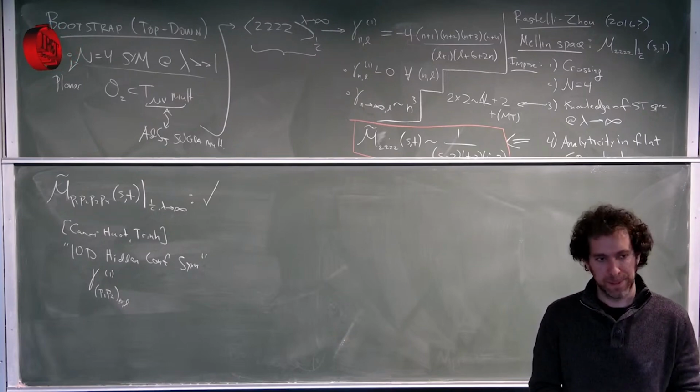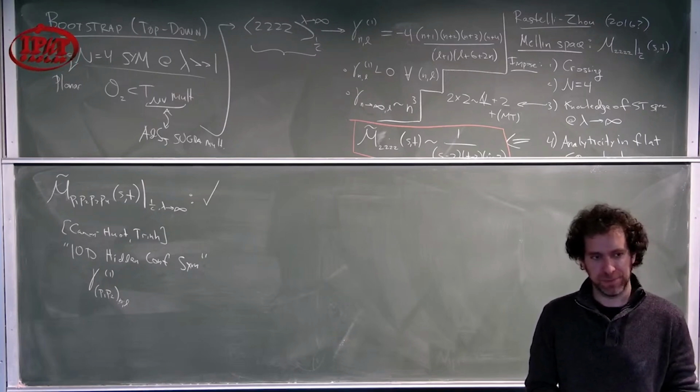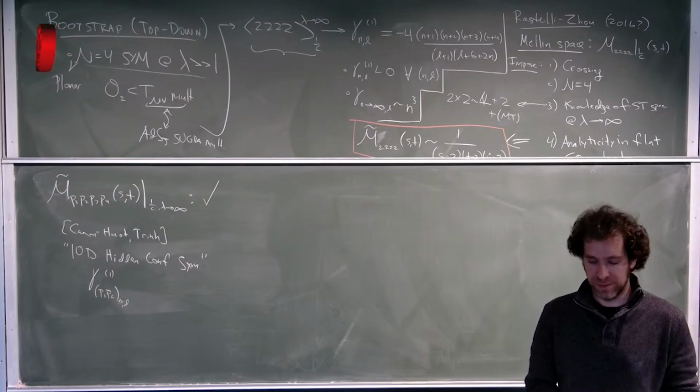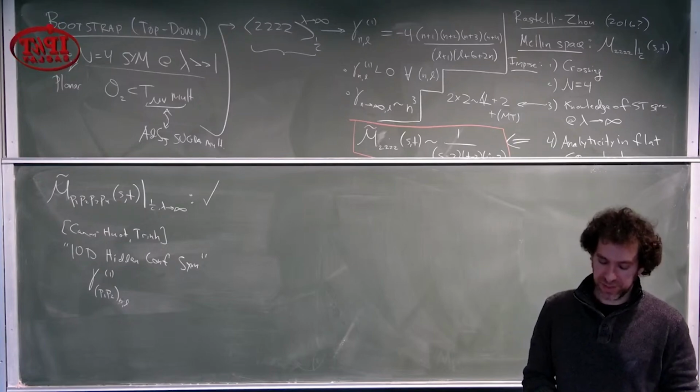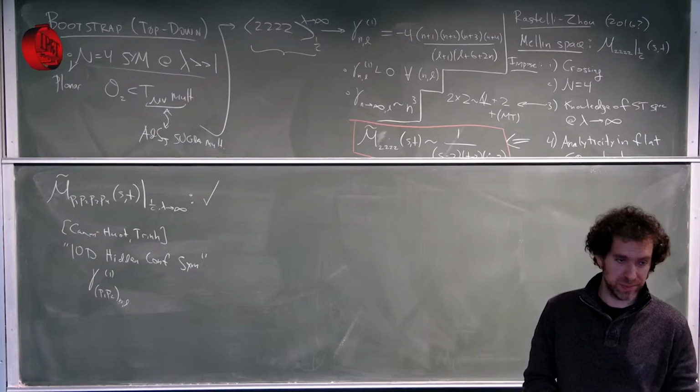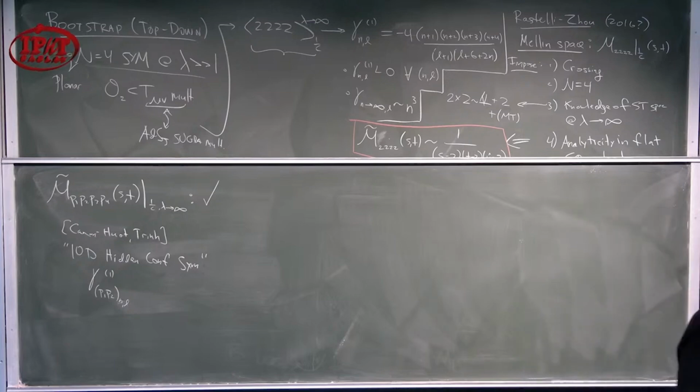Is there any knowledge of whether it works at the non-planar level, but maybe at leading order in large lambda? Or in perturbation theory? Well, let's see. At the non-planar level, leading order in large lambda, the theory formally has a divergence. But if you subtract that and talk about the amplitudes there, there's not enough data to check this against. Yeah, I don't know.